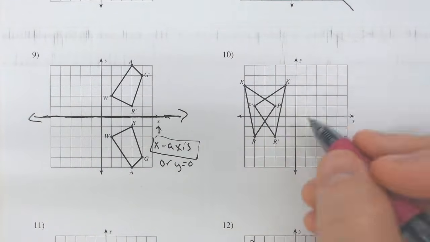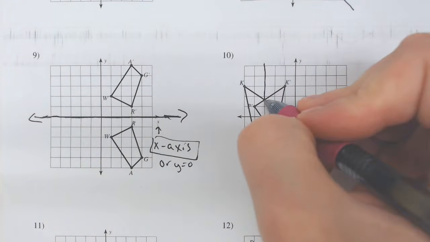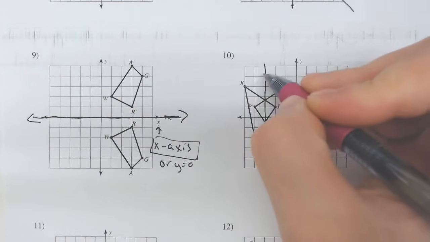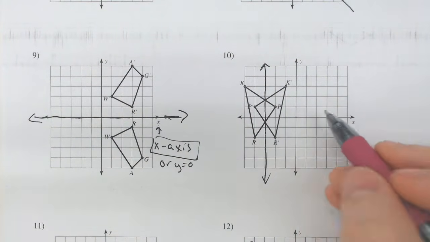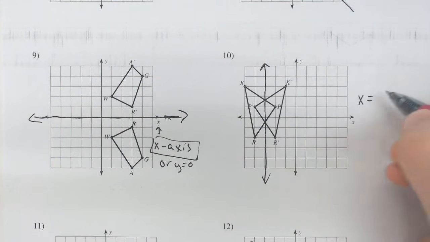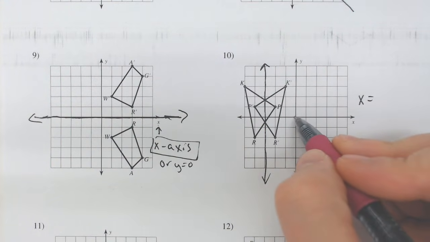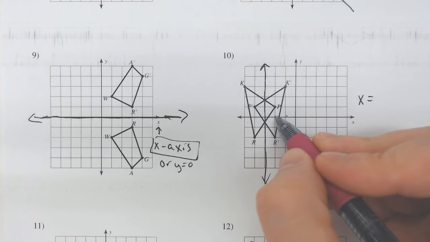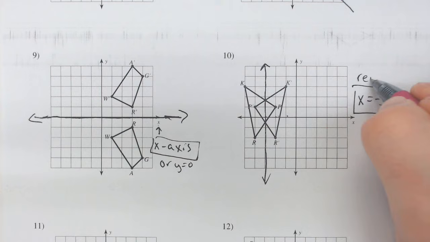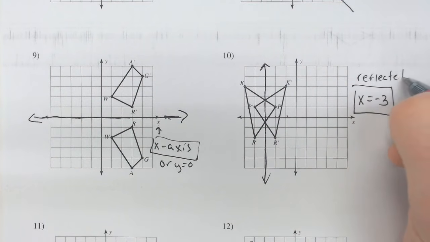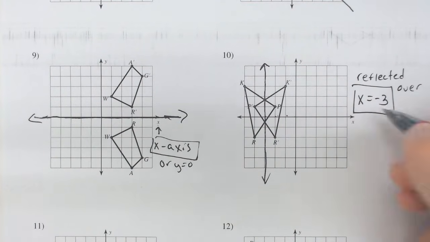This one, it's actually reflected across this vertical line. So that vertical line is going to be an x equals, and it's going to be x equals whatever this vertical line is on, which is 1, 2, 3. So this is going to be reflected over that x equals negative 3.